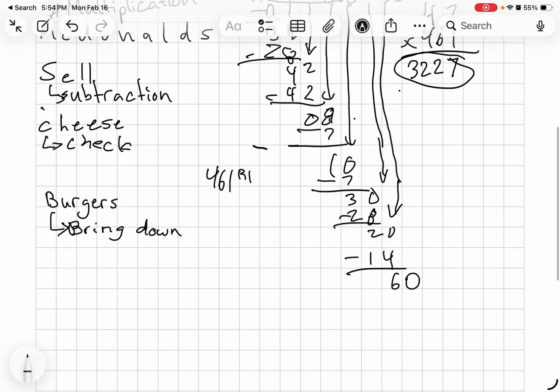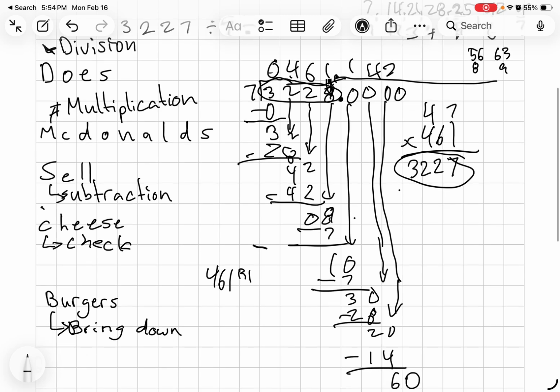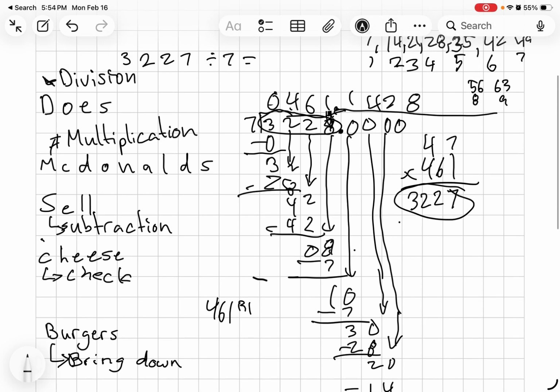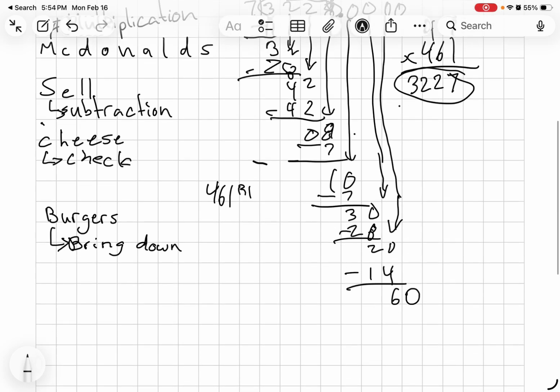Okay, hang on. So we have 60. Now if we look up our chart, we don't have enough for 60. So then we keep going. 49, then we have 56. And then we have 63, which is going to be 9. So 56, which is 8, is going to be our closest one.